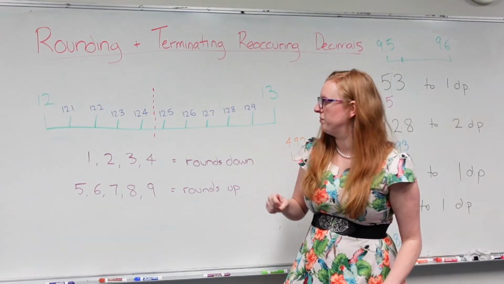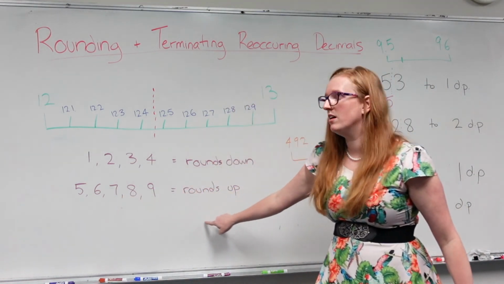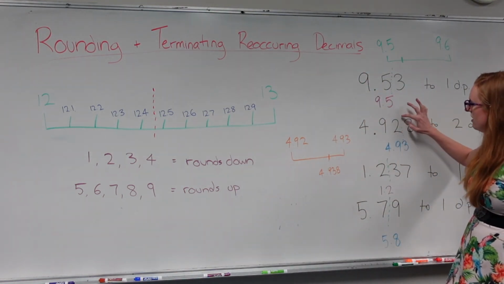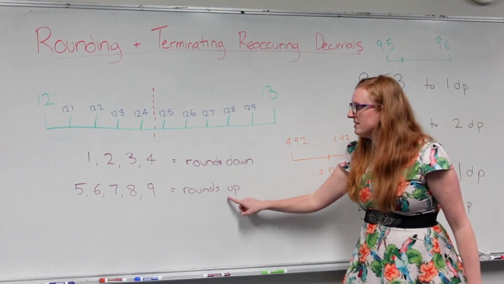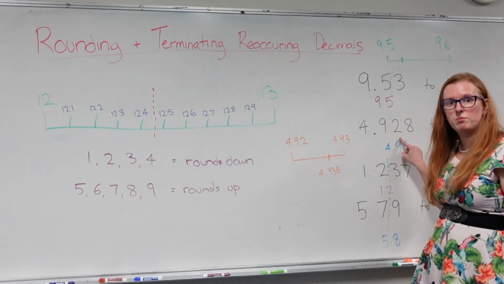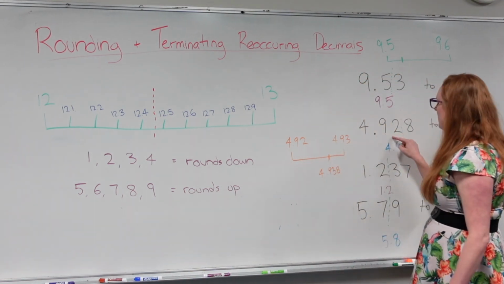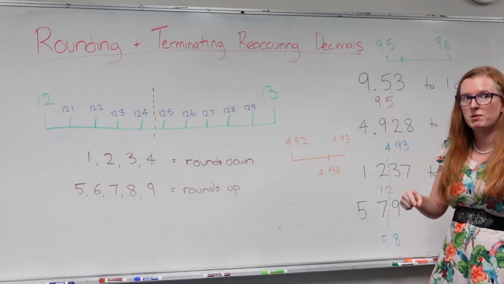I don't need it anymore. Whereas if I'm rounding up, which is the numbers 5, 6, 7, 8, or 9, rounding up changes the digit on the left-hand side of the dot into the next number up. Because you're rounding up, this number's going to change to the next one up. So 5, 6, 7, 8, or 9, your last decimal place before your line is going to change to the next number up.